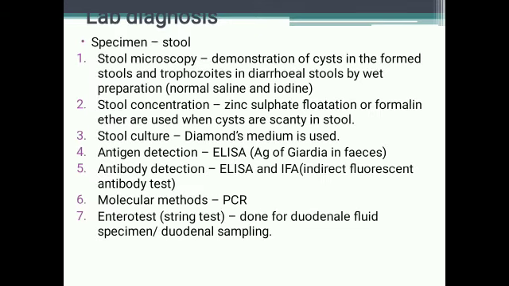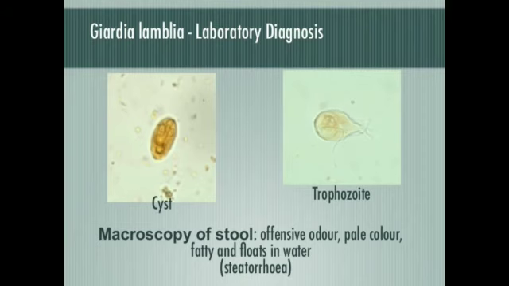Then coming to the lab diagnosis of Giardia Lamblia. The specimen mostly preferred here is the stool sample, since it is related to the disease caused in the small intestine. There are lots of methods we can perform to detect this parasite. You can perform stool examination, entero test, which is also known as the string test.